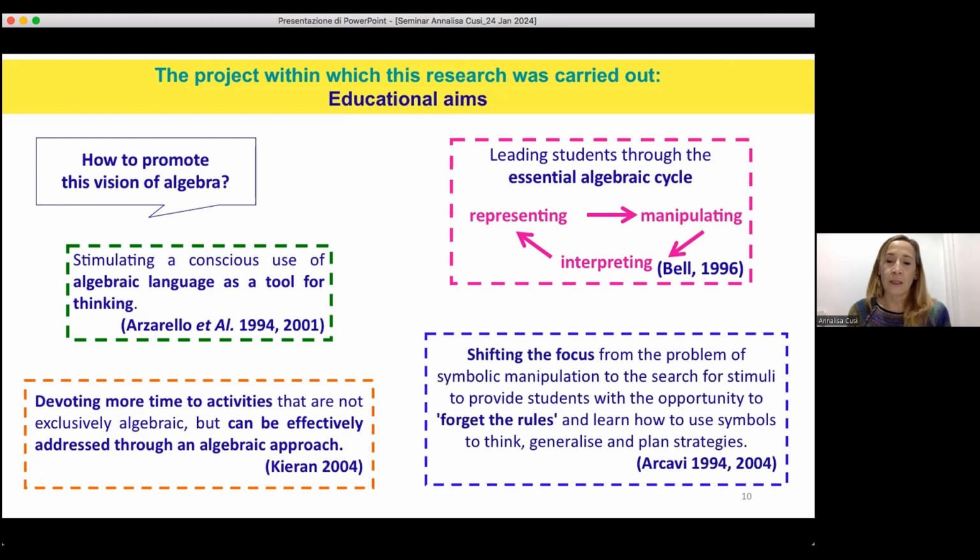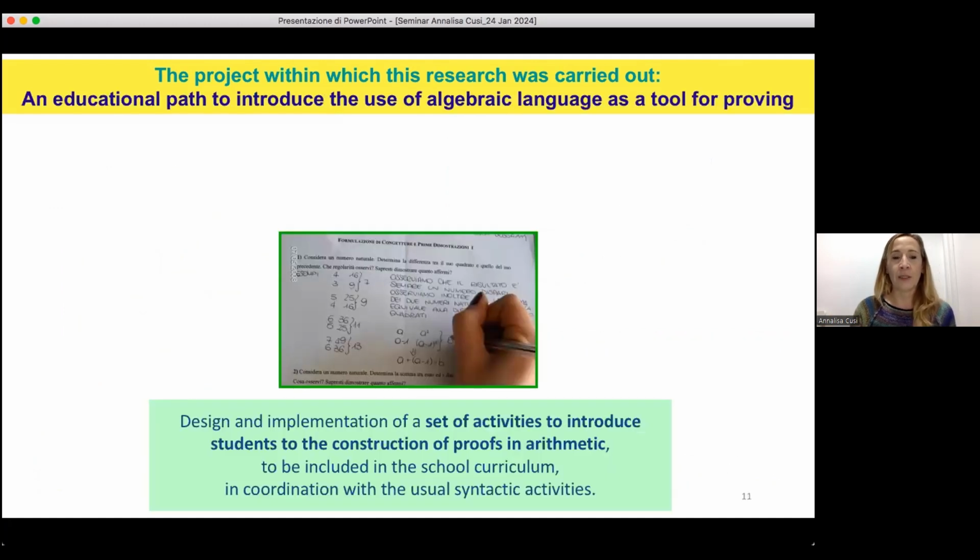And Arcavi himself stressed that it is important to shift the focus from the problem of symbolic manipulation to activities that provide students with the opportunity to forget the rules and learn how to use symbols to think. And it was the aim of the educational project that I designed and implemented within my PhD.